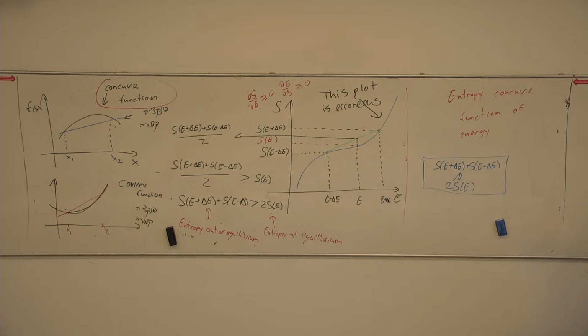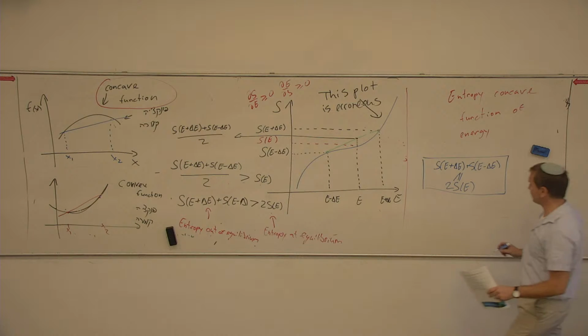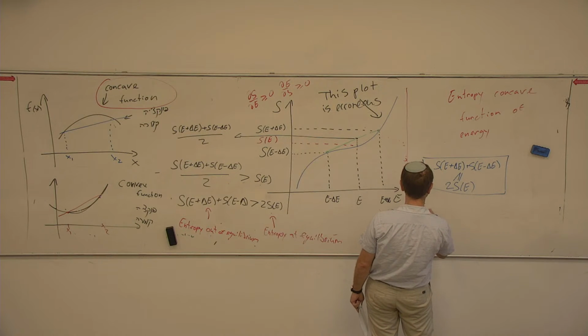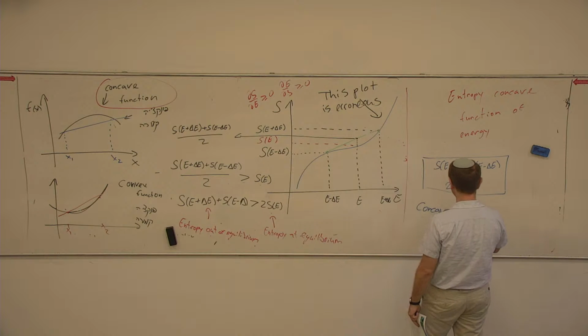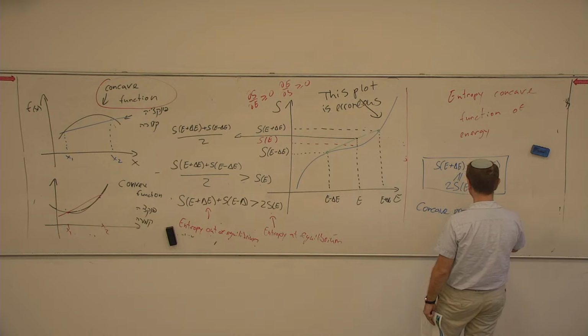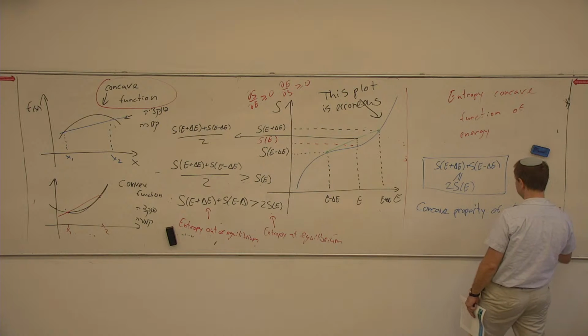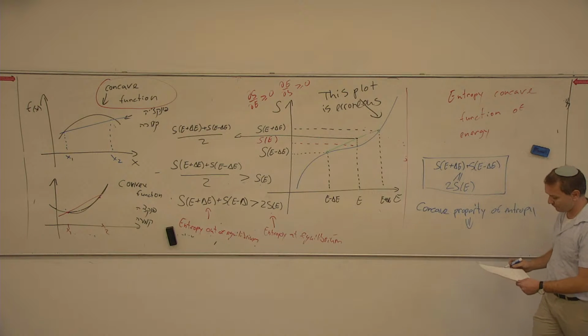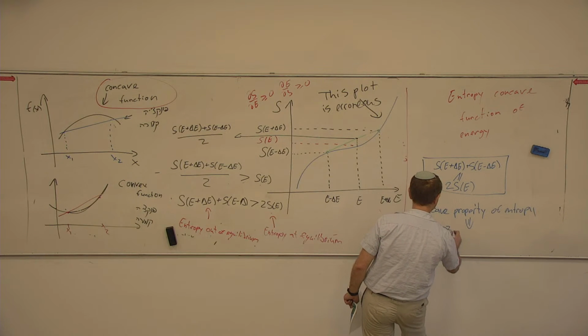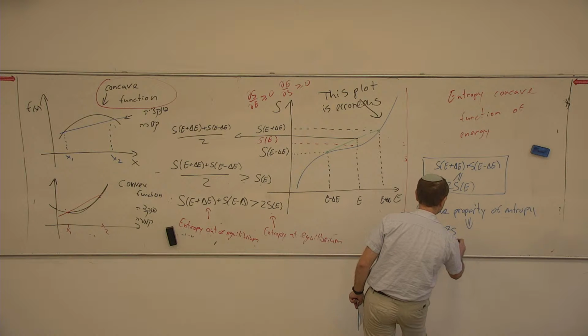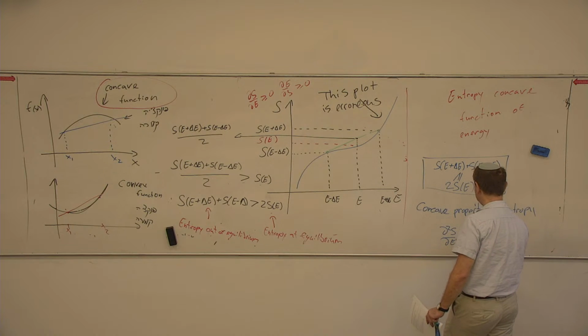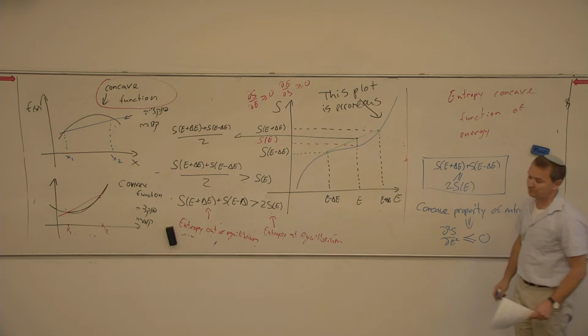Now, basically, what it means is that it's a global property. Locally, it means the following. So the concave property of entropy leads to d²S/dE² always being smaller than 0.